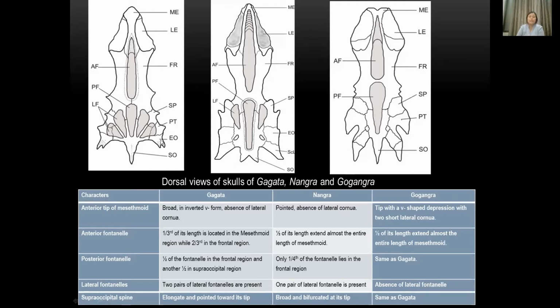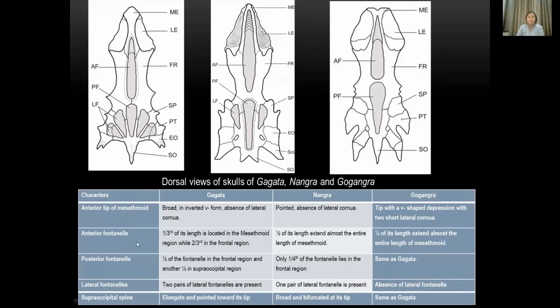Then the anterior fontanel: we can see in Gagata that 1/3 of its length is located in the mesoethmoid region, while 2/3 is in the frontal region. But in case of Nangra, the anterior fontanel extends almost the entire length of the mesoethmoid. And in case of Gogangra, it also extends almost the entire length of the mesoethmoid.